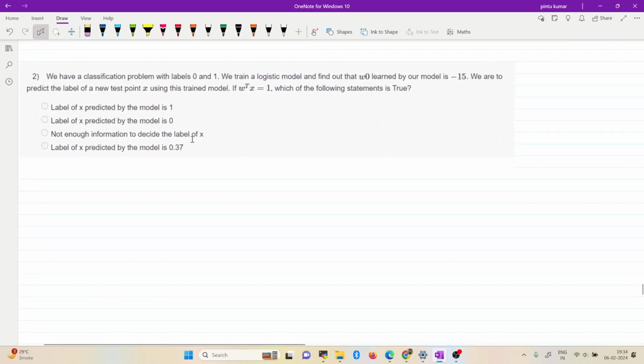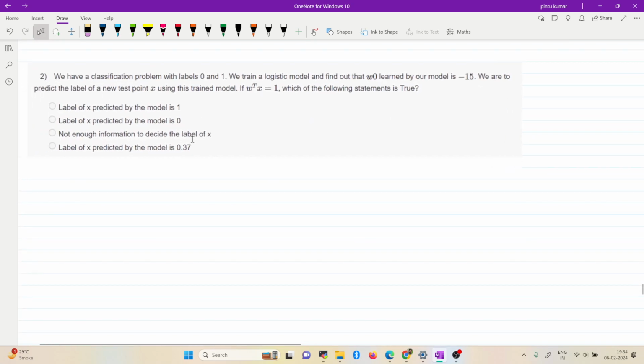So this is a question. We have a classification problem with labels 0 and 1. We train a logistic model; for right now, just consider logistic to be sigmoid. We found that W naught learned is minus 15.